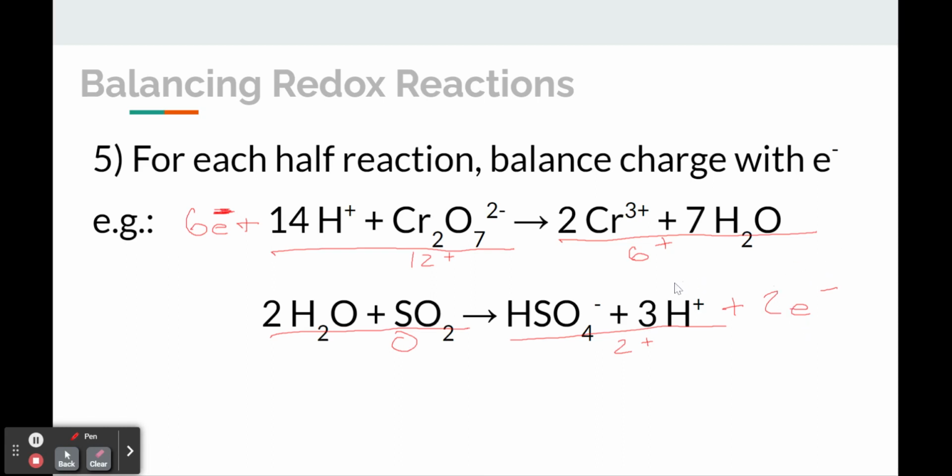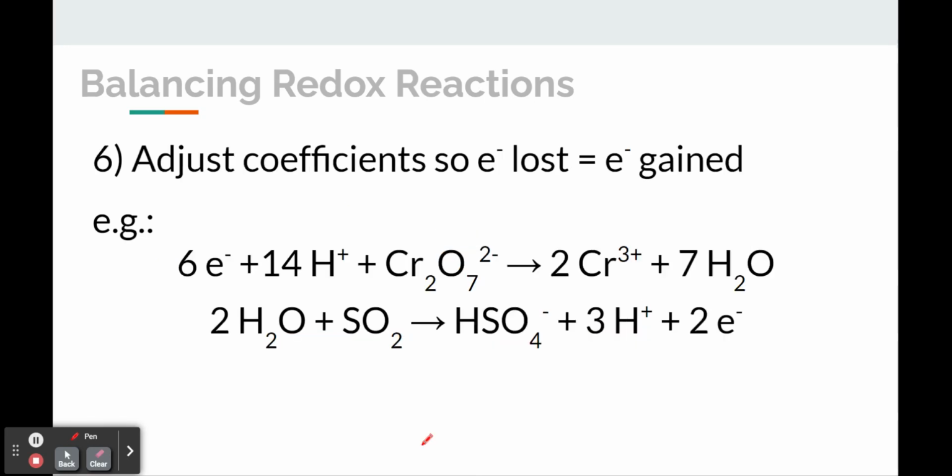Reduction is gaining electrons, and the top half reaction was the reduction, and sure enough, we added 6 electrons. So that means something was gaining electrons. In fact, it's the chromium. So once we've done that, the next thing we have to do is make sure that the electrons that we lost in the oxidation are the same as the electrons that were gained in the reduction. Here, we gained 6 electrons, but we only lost 2. So that means this can't be how this really happens.